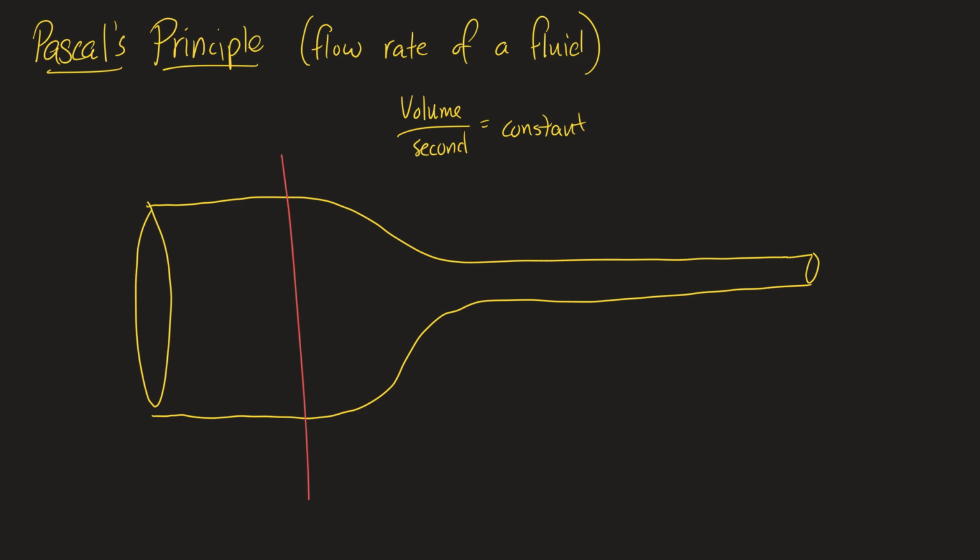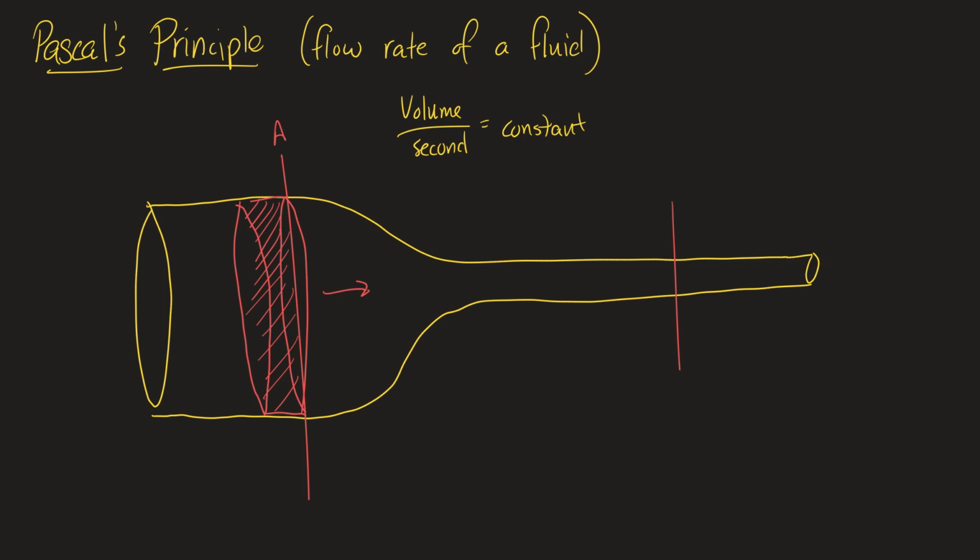The volume that passes any one point stays the same. So imagine right here at section 1. There's a volume of fluid here, right? As this fluid passes through the pipe, that volume of fluid passes this point A. The same volume passes by there every second.